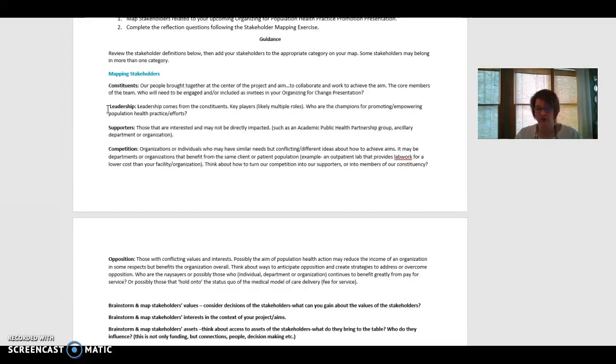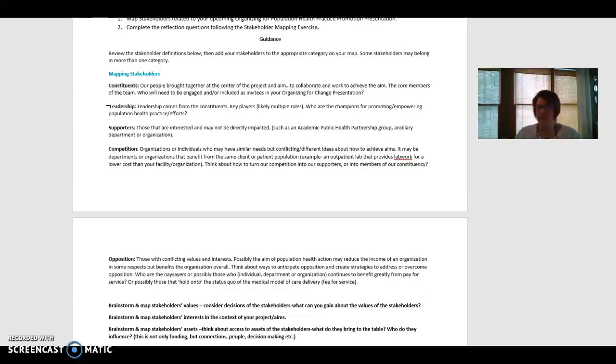And then you're looking for your supporters, those who are interested but may not be directly impacted. Think about other groups or other departments or organizations, those that may support your efforts but may not be directly involved as your constituency.